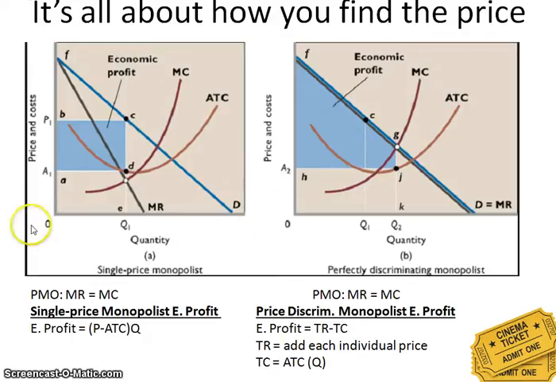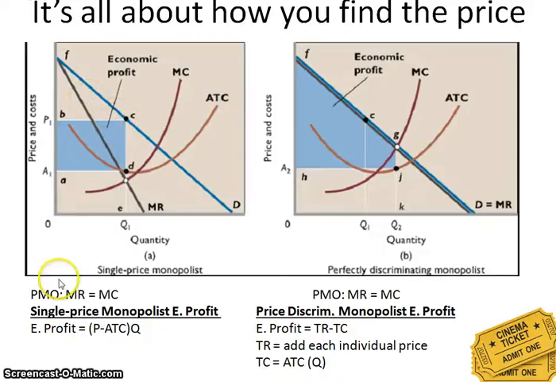In the case over here on the left, this is not the case. This is the demand curve that we had always seen. This should be labeled demand equals average revenue equals price. You have the downward sloping demand curve, and you have the marginal revenue curve that's less than the demand curve, because with each additional unit they sell, they have to lower the price not just for that next unit, but for all previous units.